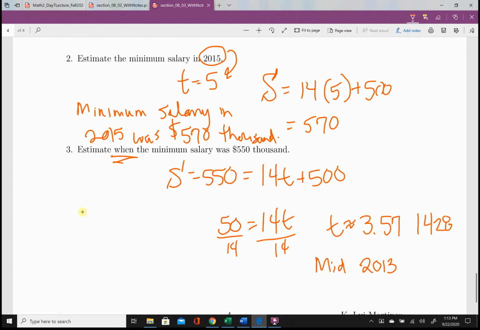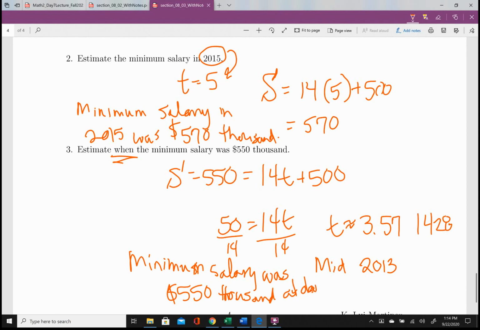So we would say the minimum salary was $550,000 at about mid-2013.